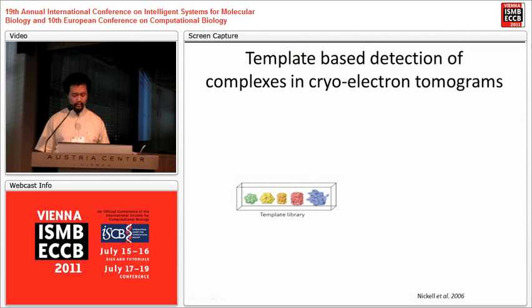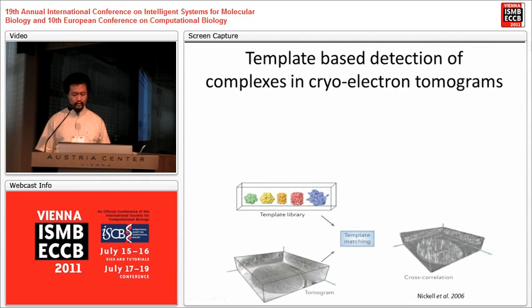For each template in this library, we do template matching against a given tomogram, and calculate the cross correlation between the template and the tomogram by exhaustively sampling all the rotations and translations of this template.